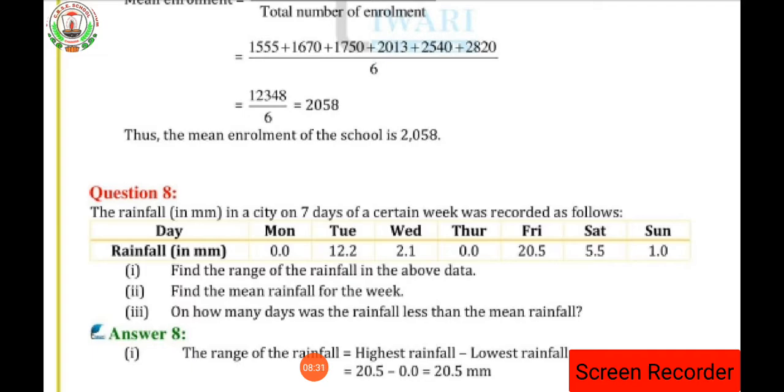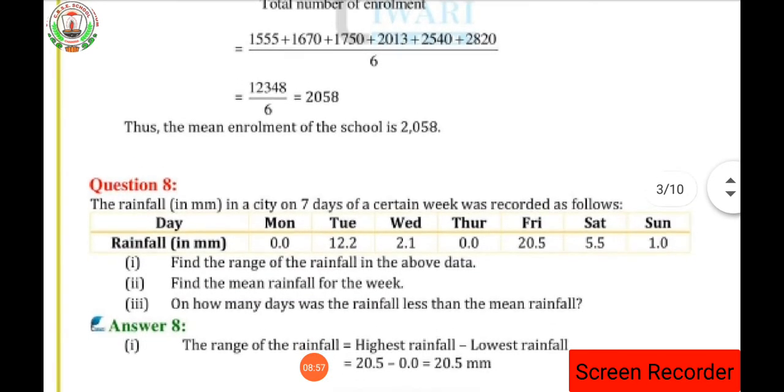Range means, the range formula is equal to highest observation minus lowest observation. According to the question, the formula's wording is going to change, isn't it? So highest rainfall minus lowest rainfall is the range itself. What is the highest rainfall here?